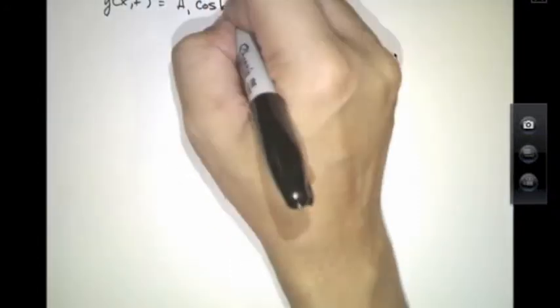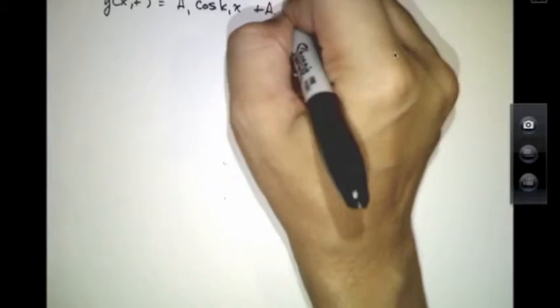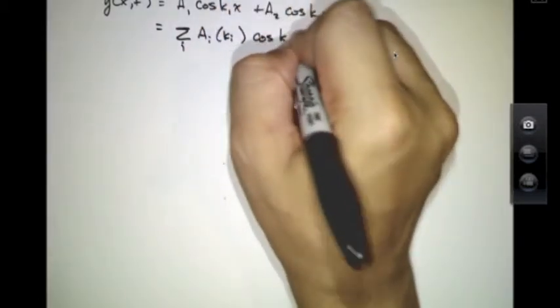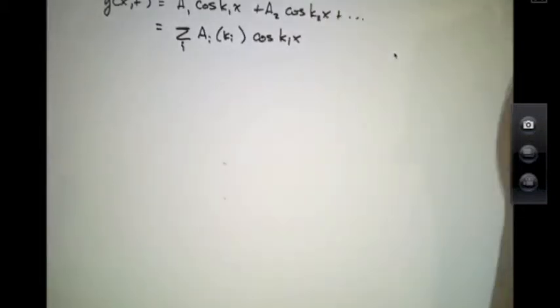More generally, we add a large number of possible k values like so.